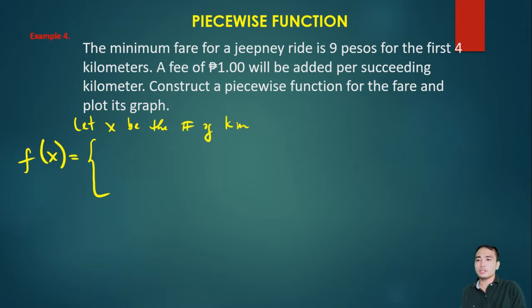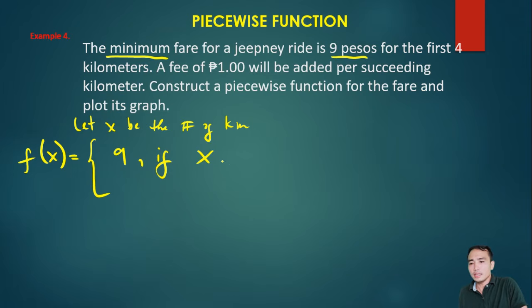okay, balik kayo sa question. The minimum fare. So, minimum, that is constant. Babayad tayo ngayon ng 9 pesos, 9 pesos yung babayaran natin kapag nag-ride tayo by jeepney for the first 4 kilometers.